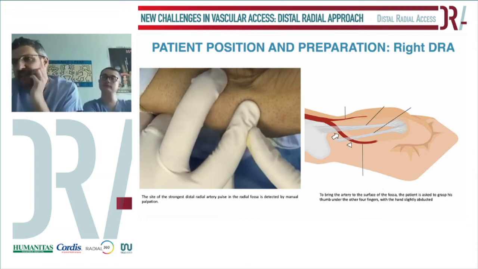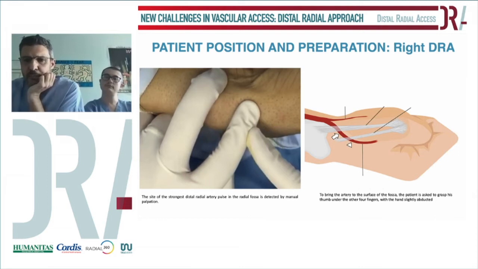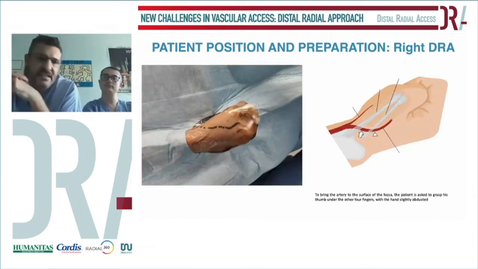To facilitate finding the pulse, the patient is asked to grasp his thumb under the other forefinger. In this case, it's easier to find the pulse in the anatomical snuff box.